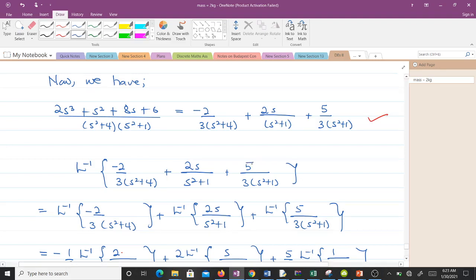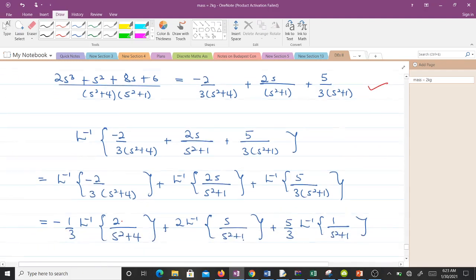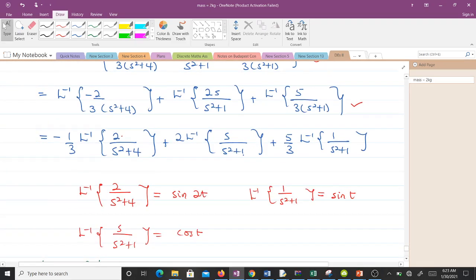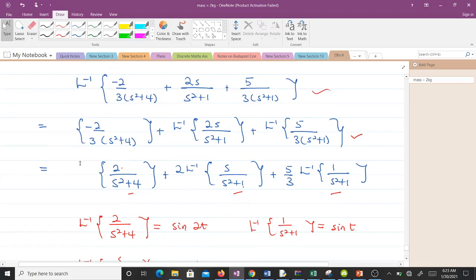Since the Laplace inverse is a linear operator, we can rewrite this into this form, so that we can bring the constant out. So you get negative 1 over 3 Laplace inverse of 2 over s squared plus 4, and we get that.